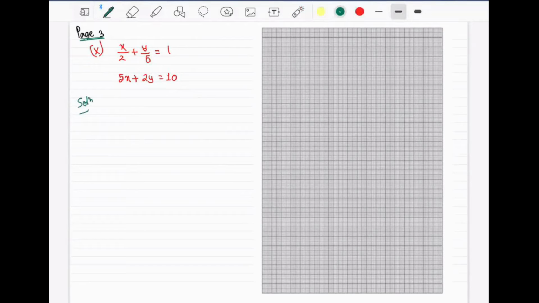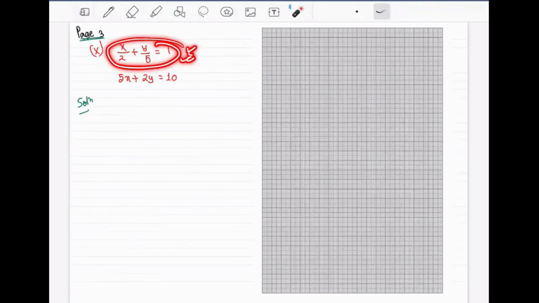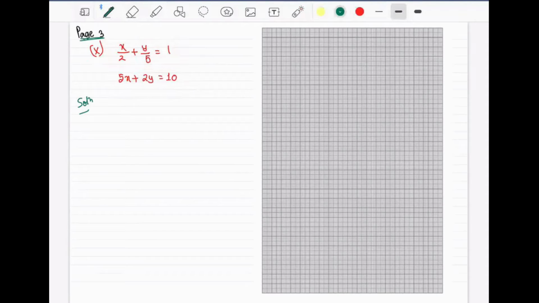You just have to put the table for this first equation and then take up 2 points. We join the 2 points and we will obtain the graph for this. Same thing you do for this one. So if I take up the first equation, it will be x by 2 plus y by 5 is equal to 1. It is always easier if we put the equation in this form.